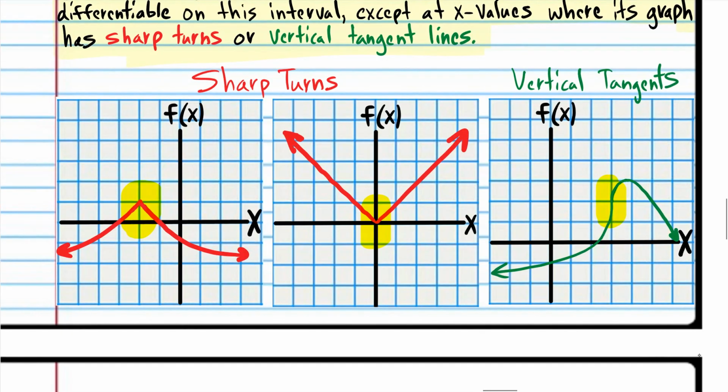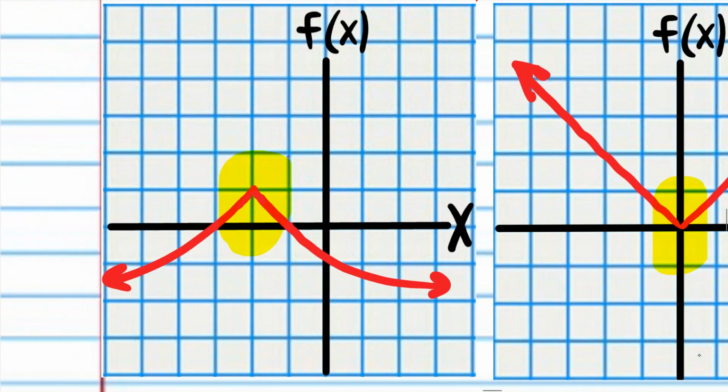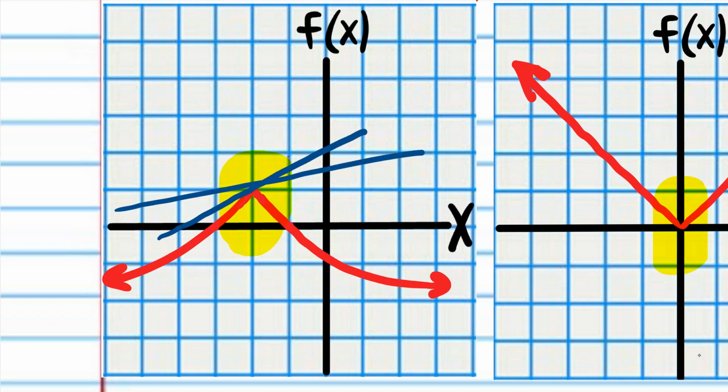But for now, let's think about the geometric interpretation. So let's say we're going to try to find the slope of the line that is tangent to the red graph at this point here. Well, we can draw a tangent line like this, but we can also draw a tangent line like this, or like this.